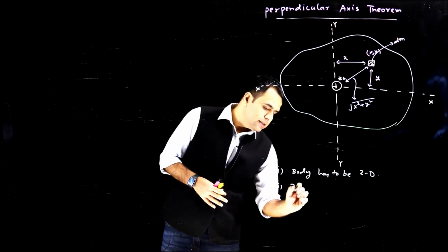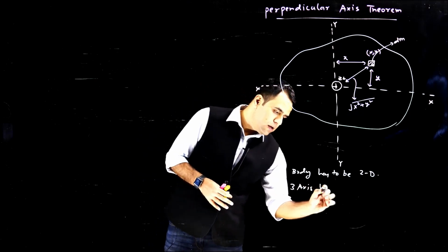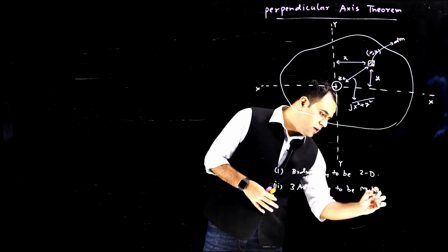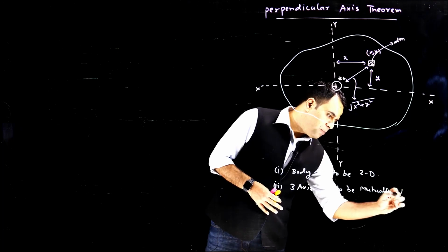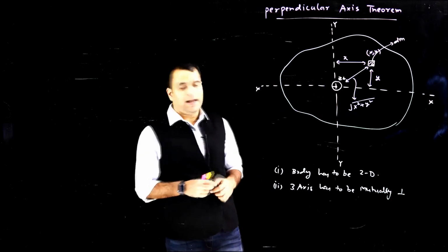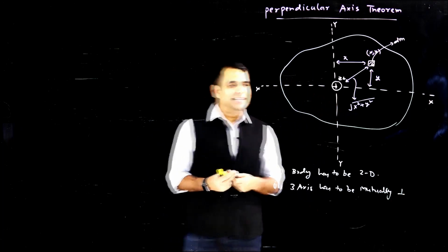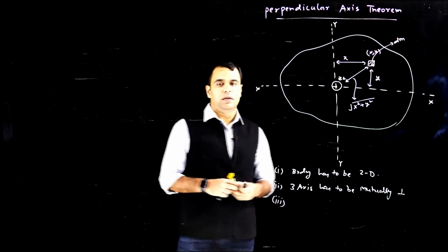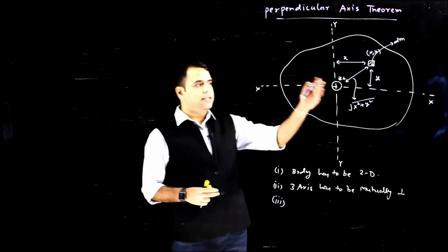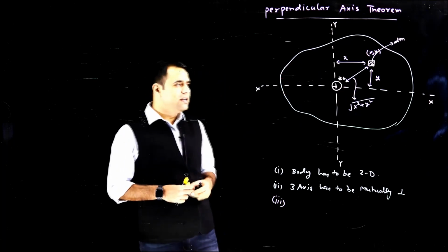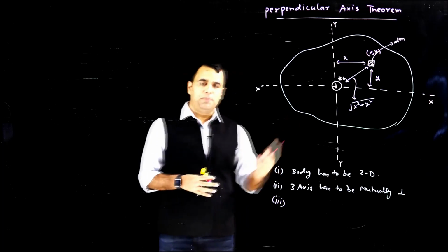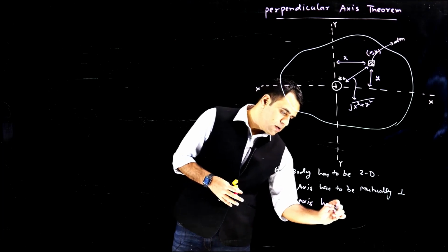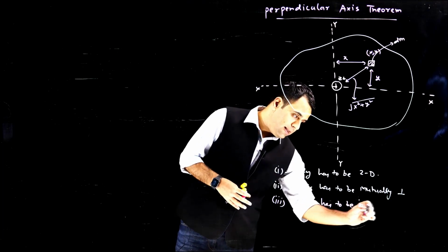The three axes have to be mutually perpendicular to each other. Third, as you can see, out of these three axes, two are in the plane. So out of the three axes, two axes have to be in the plane.